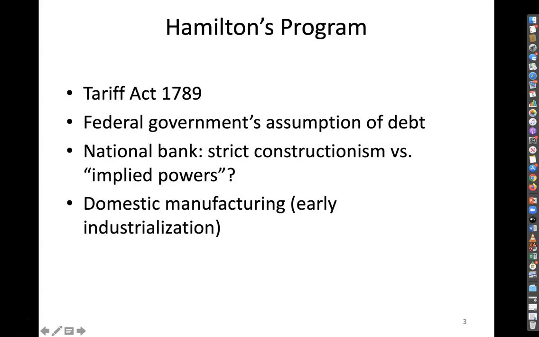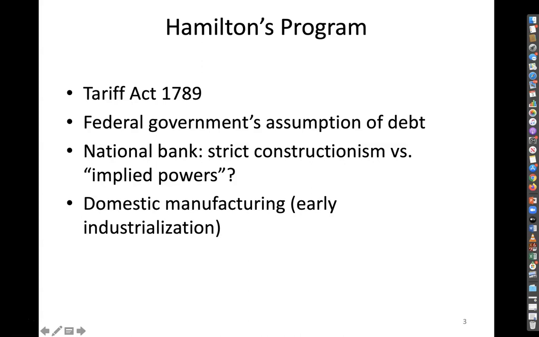Jefferson, on the other hand, is taking a stance that you could call constructionism, sometimes called strict constructionism. And constructionism is basically this: Jefferson and like-minded leaders felt that how you interpret the Constitution should be as literal as possible, in a very literal fashion.